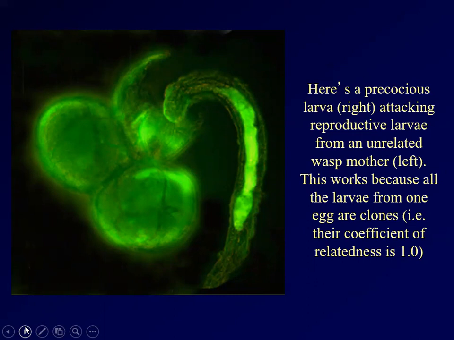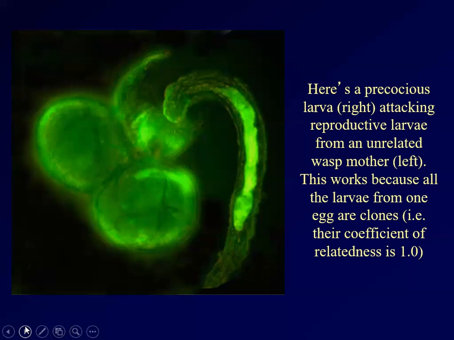Or to put it another way that doesn't sound so anthropomorphic, you might think that any gene that converted a larva from being precocious into being reproductive would get passed on, because any larva that has that gene has a chance of becoming an adult, and any larva that doesn't never will. So why is selection favoring all of these larvae that will never reproduce at all?